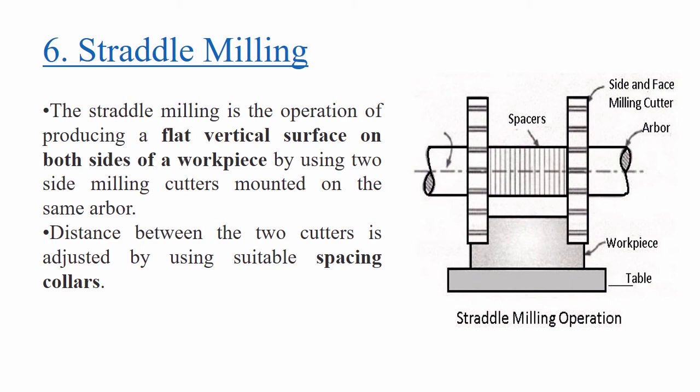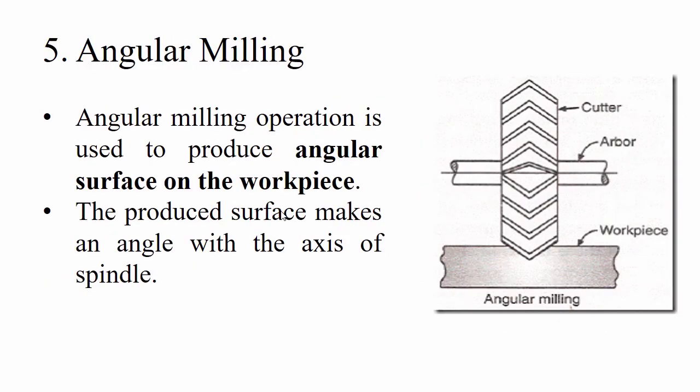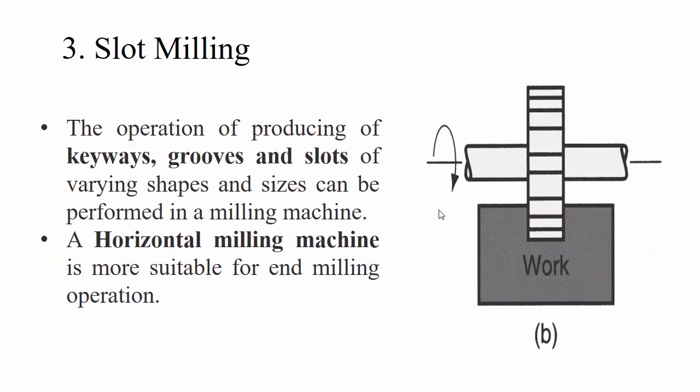The next one is straddle milling. Here straddle milling is used to produce flat vertical surfaces on both sides of the workpiece. I'll just go back to slot milling.